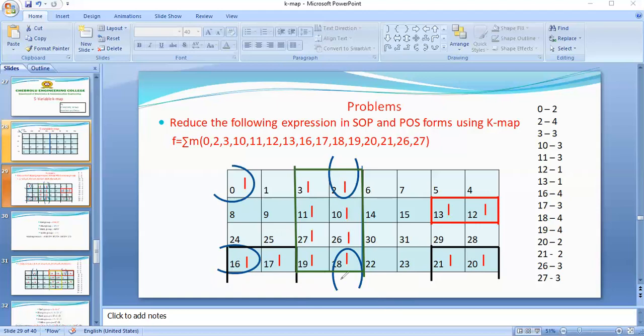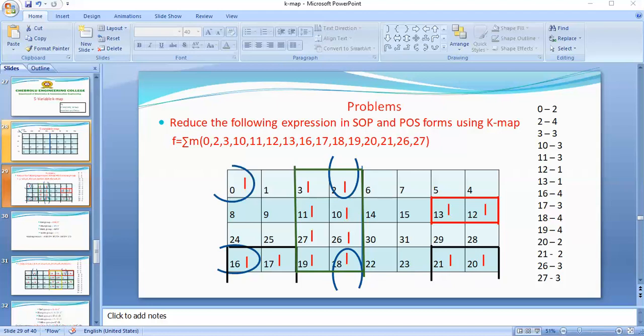So the number of adjacencies here is 4. Next, for 17: this one is 2, and 21 is also adjacent. So the total number of adjacencies for 17 is 3.